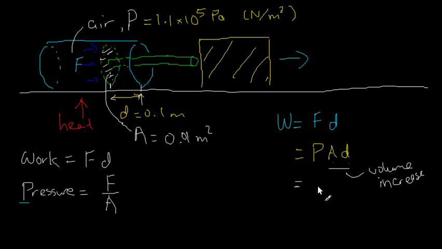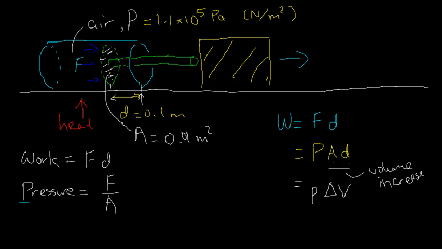For this reason, we often write the work done by a gas in this way. Instead of writing P times A times D, we often write pressure times the volume increase, which is usually written with this triangle thing and V for volume.